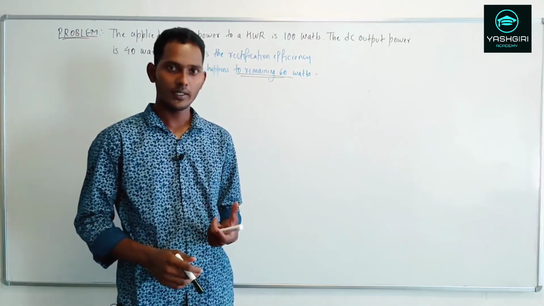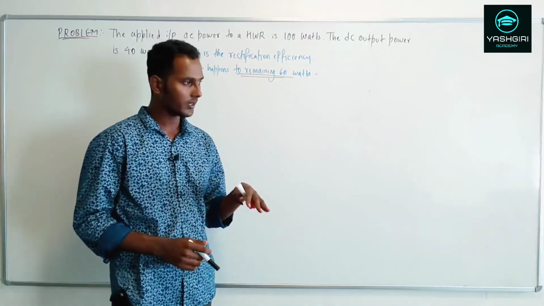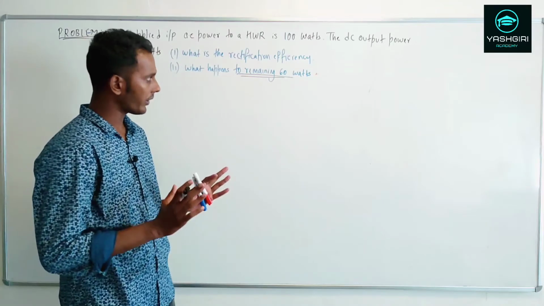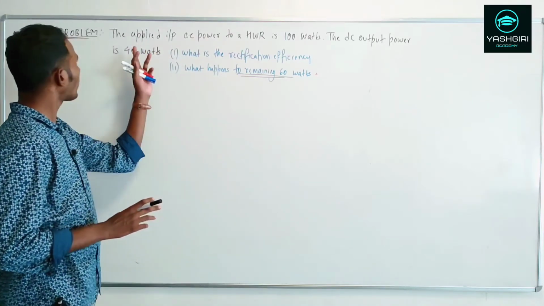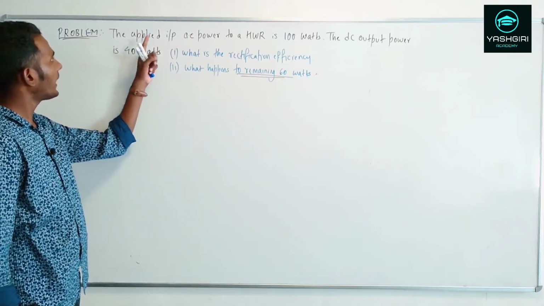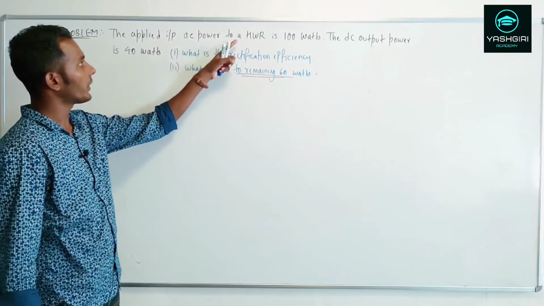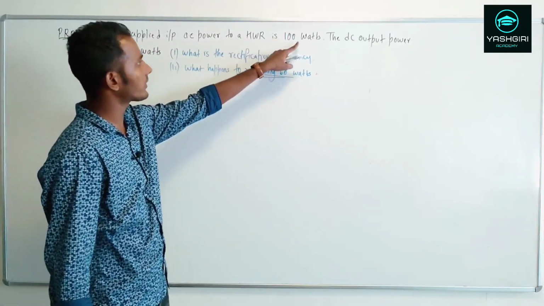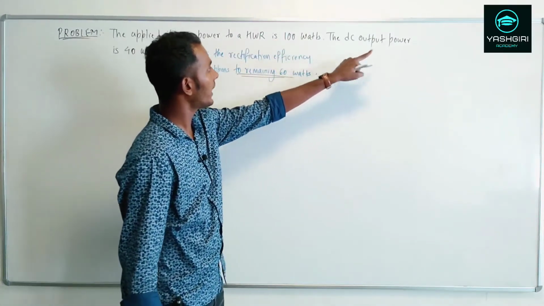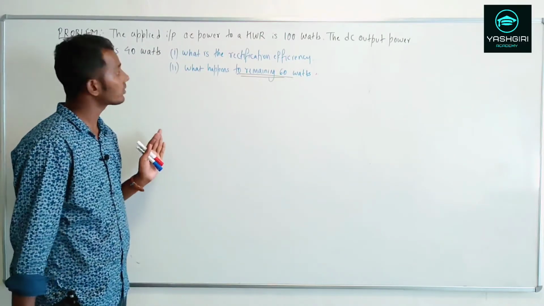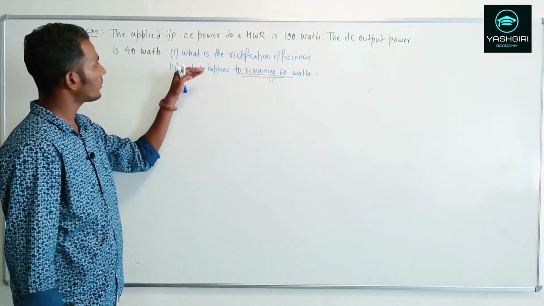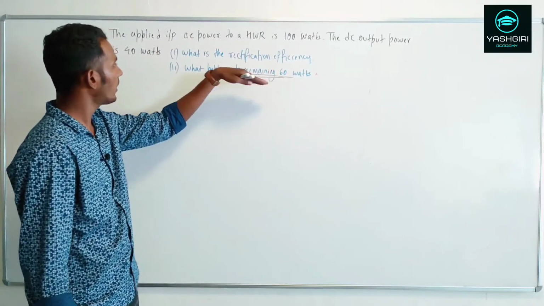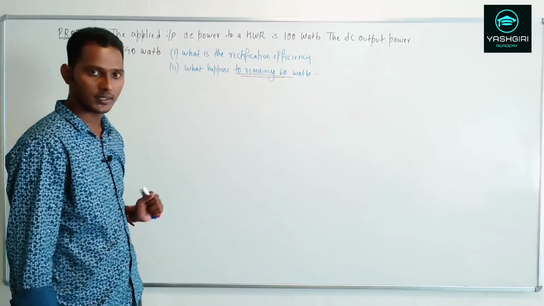Now let's take a small problem and try to understand this half wave rectifier in more detail. In the problem, it's asked: the applied input AC power to a half wave rectifier is given as 100 watts and the DC output power is 40 watts. You are asked to calculate the rectification efficiency and what happens to the remaining 60 watts.